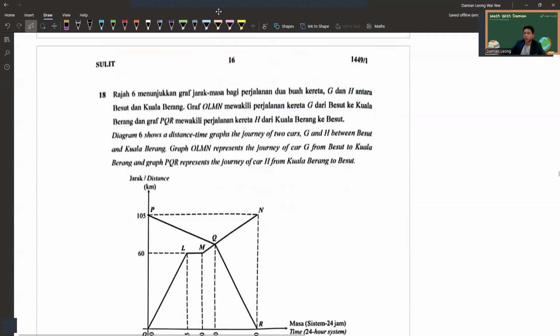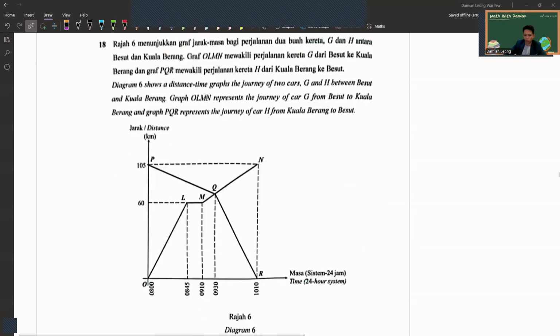Then look at question 18. Diagram 6 shows a distance against time graph for the journey of two cars, G and H, between Besut and Kuala Berang. OLMN represents the journey of car G from Besut to Kuala Berang. PQR represents the journey of car H from Kuala Berang to Besut.